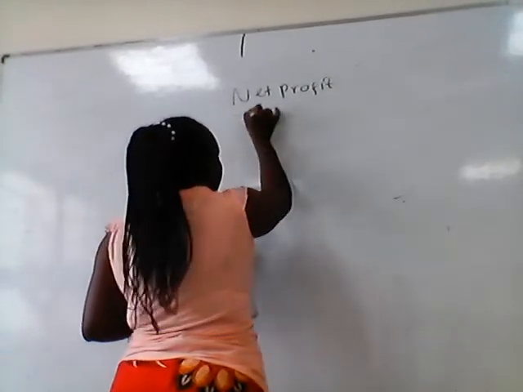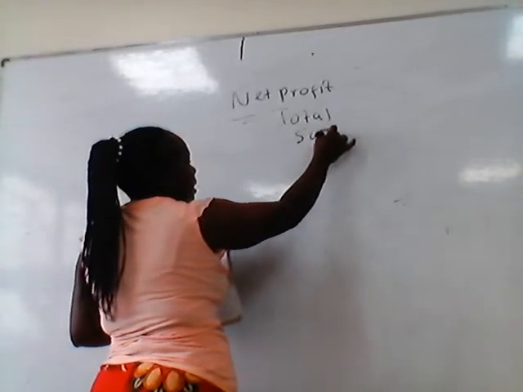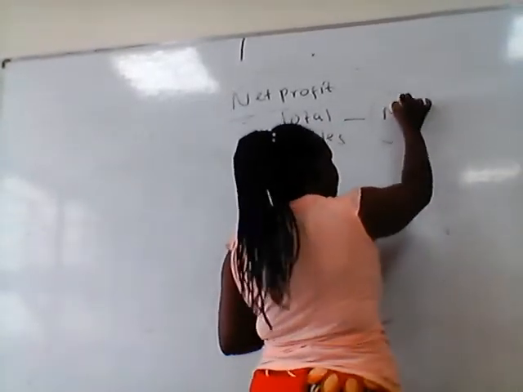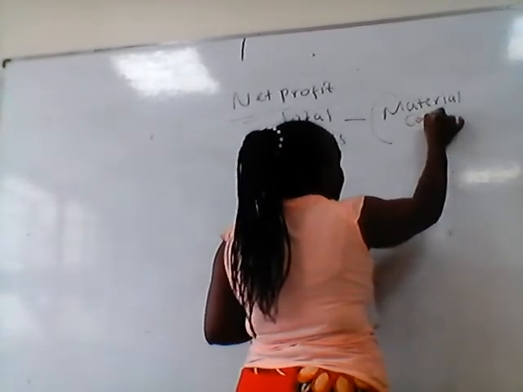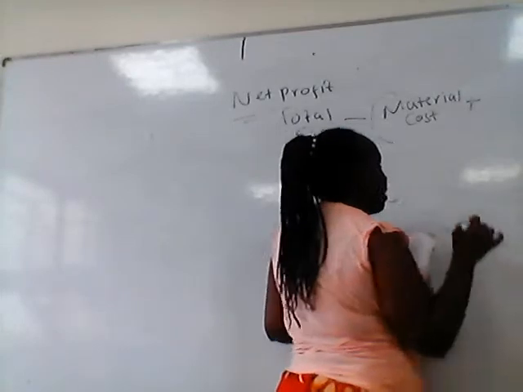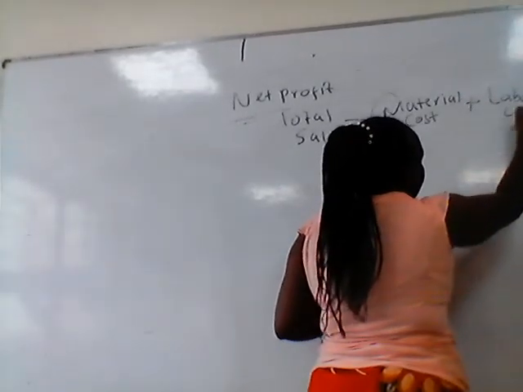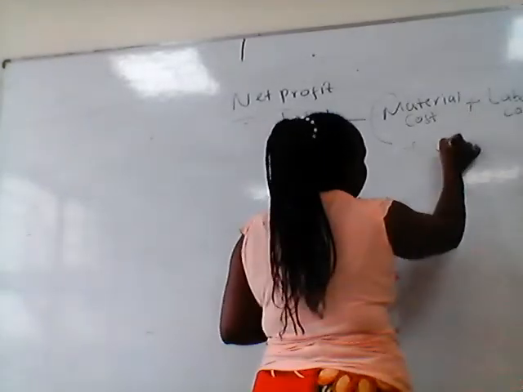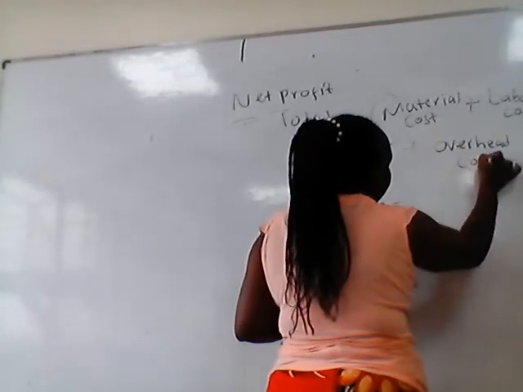Net profit will be total sales minus, in brackets, material cost plus labor cost plus overhead cost.